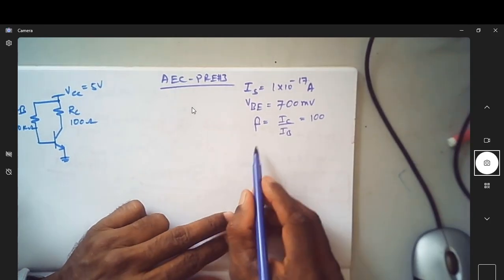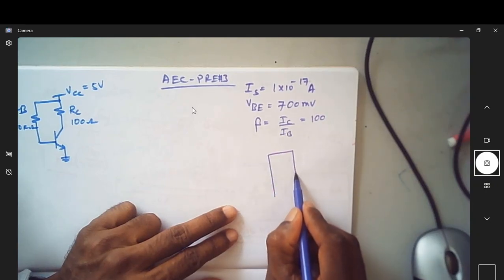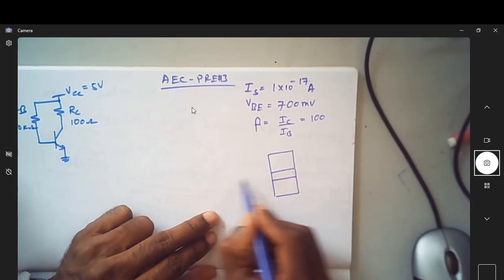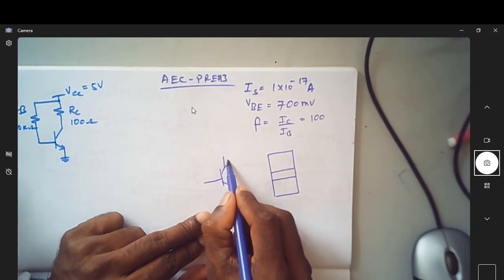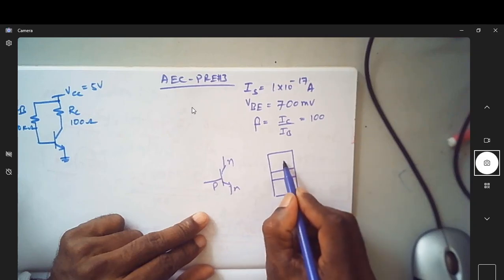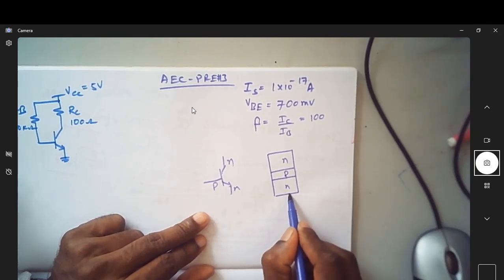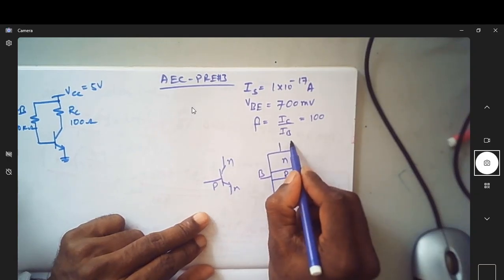Before we continue, let us try to understand the 3 regions of operation of the BJT. We have 3 terminals of the BJT. This is the symbol of an NPN transistor. Suppose you consider this as emitter, this as base, this as collector.